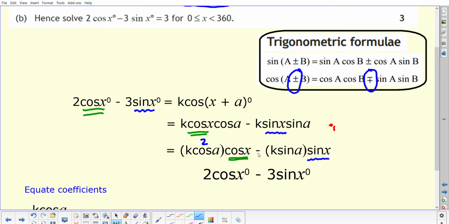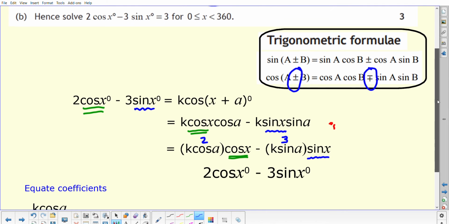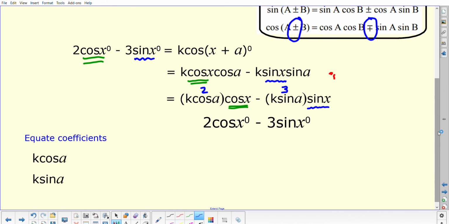Your signs are matching, you've got minus, so all that you would need to replace the sin a with is 3. So when you do this equating coefficients process, you get that k cos a would need to be equal to 2 and k sin a would need to be equal to 3. So not minus 3, 3, because the signs matched, and all that you're doing is looking at what you would need to put in those bracket expressions to match this expansion.